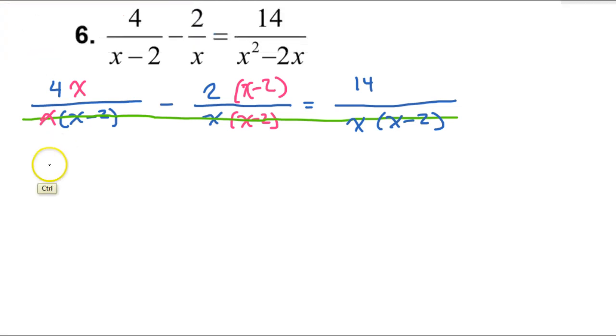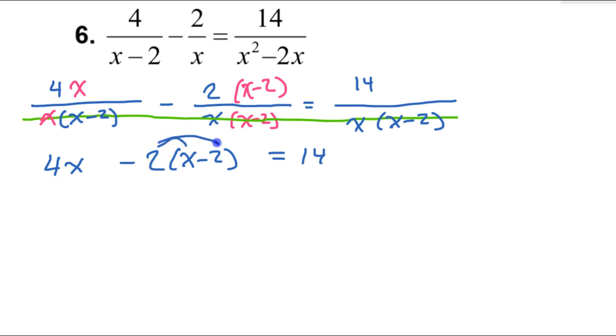So that's going to leave me with 4x. Now be careful. You know what, maybe I'll just copy this down. So I have 4x minus 2 times x minus 2. Normally I do the distributive property now, but there's something I want to make extra clear. When I do the distributive property, I'm distributing a negative 2, not a positive 2.